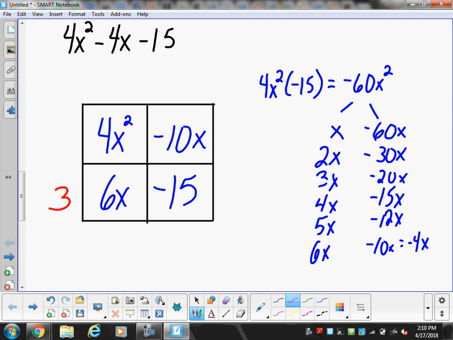Alright, 4x squared and negative 10x. They both have an x, and then 4 and negative 10 have a common factor of 2. Okay. So real quickly, if I want to go ahead and do this, one of my factors is going to be 2x plus 3.